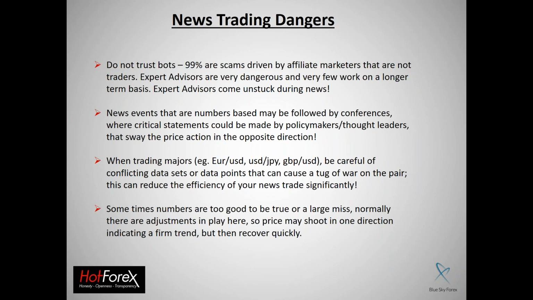A lot of them can be conflicted data giving mixed signals. You don't want to be caught in a situation where one news item is pushing the price in one direction and another is sending it in a different direction, and you are only trading one of the two. You should be looking at the currency pair as a whole.